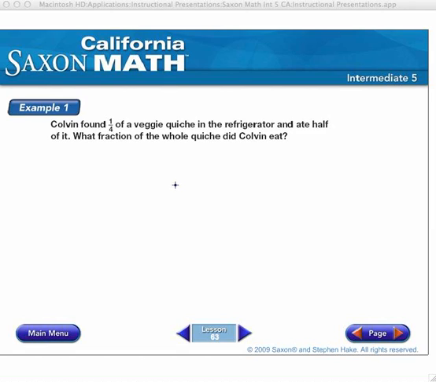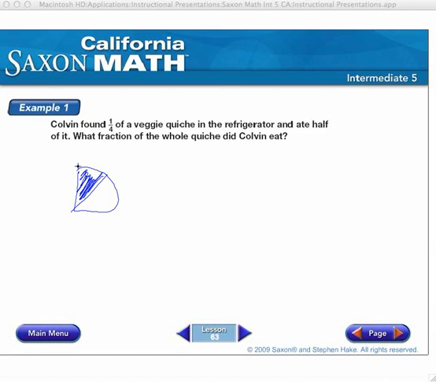So I'm going to draw a picture of 1/4 of my quiche. Then Colvin ate half of it. What fraction of the whole quiche did Colvin eat?